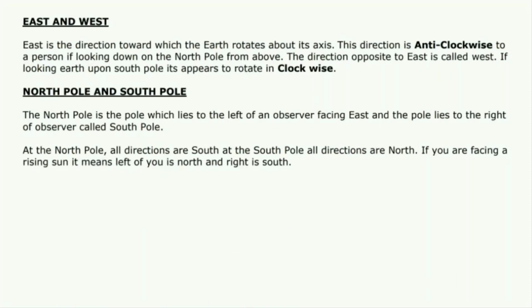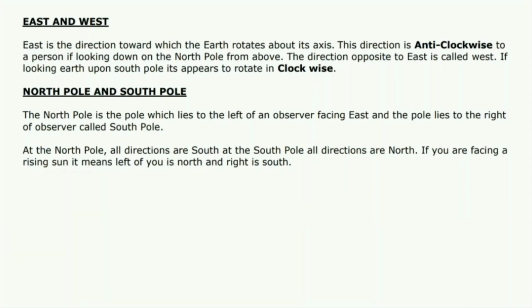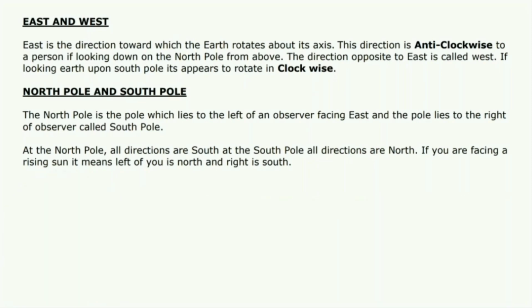East and West. East is the direction toward which the earth rotates about its axis. The direction is anti-clockwise to a person looking down on the North Pole from above. The direction opposite to east is called west. If looking at the earth from above the South Pole, it appears to rotate clockwise.